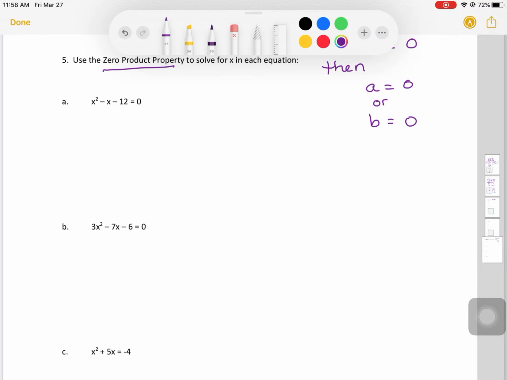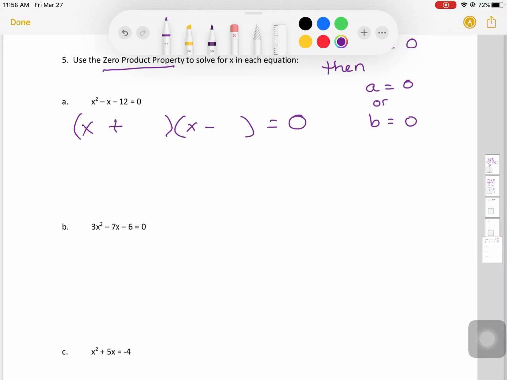So as you use the zero product property for this first one right here, we're going to go ahead and factor it into its factored form, so I know it's x and x. And again, if you guys wanted to, I'll do it on the next one, but you could go through the generic rectangle and find your factors that way.